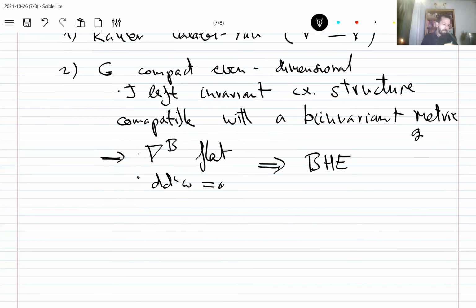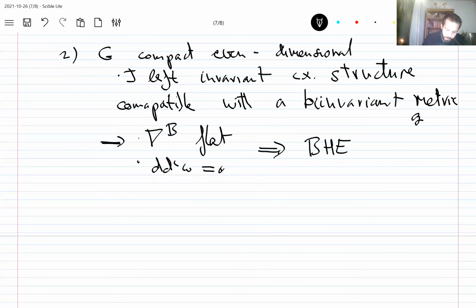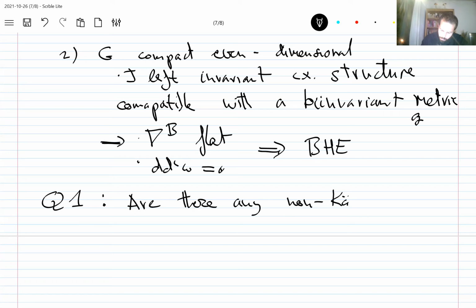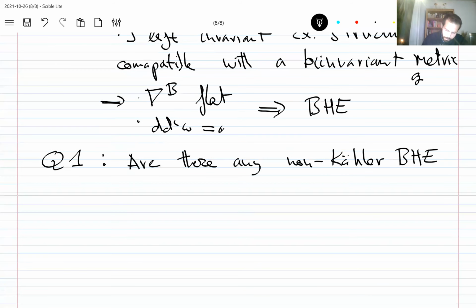Okay. So there are 3 natural questions that we can ask about Bismut Hermitian metrics. So given these examples, are there any non-Kähler Bismut Hermitian metrics which are not Bismut flat?